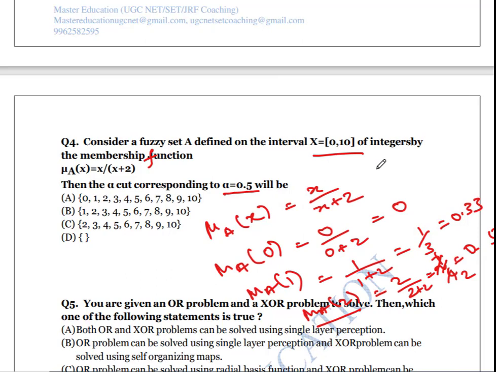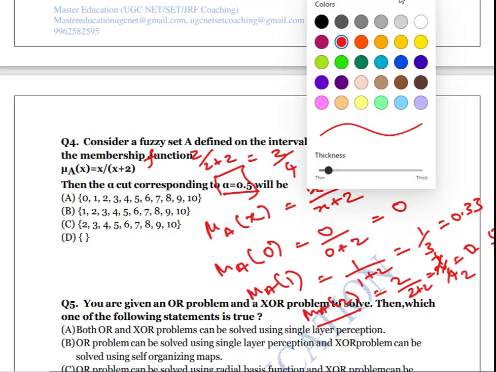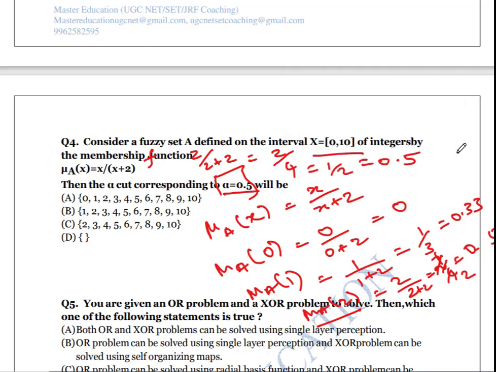When x equal to 2, you reach the alpha cut value. When you apply x equal to 2 to this membership function, it is 2 divided by 2 plus 2, that is 2 divided by 4, 1 divided by 2, equal to 0.5. This 0.5 is the alpha cut.